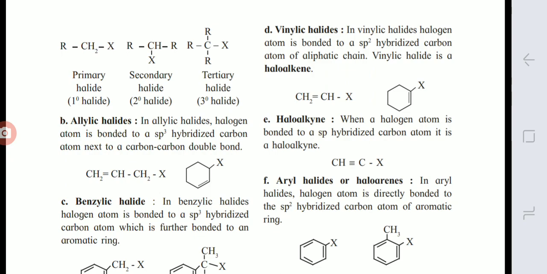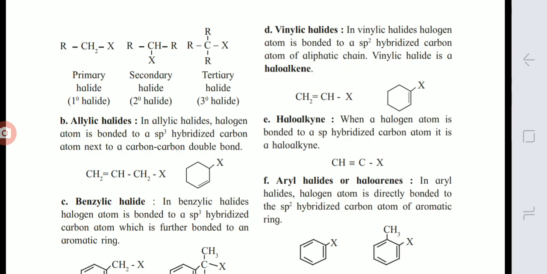Then in the next structure, your halogen is also present on a carbon which is bonded by a single bond to the double-bonded carbon. It is again an sp3 hybridized carbon, an allylic carbon next to the carbon double bond, and we replace that hydrogen by a halogen, so it is an allylic halide.